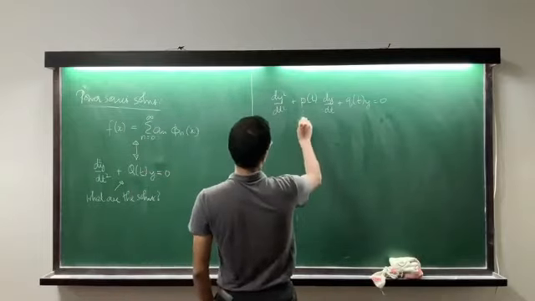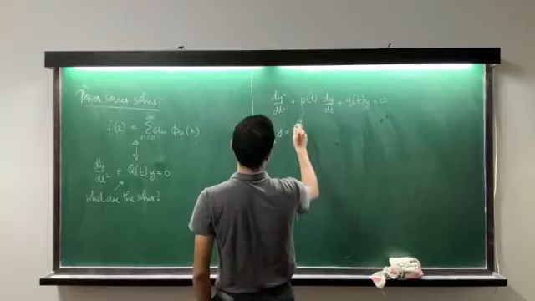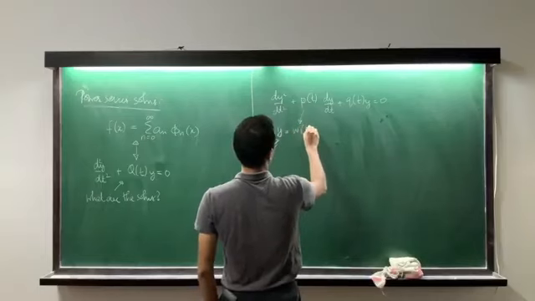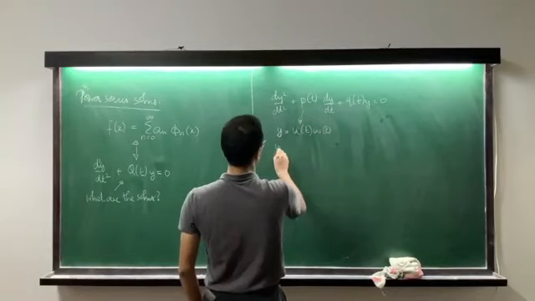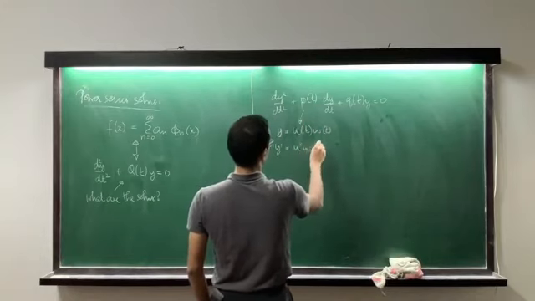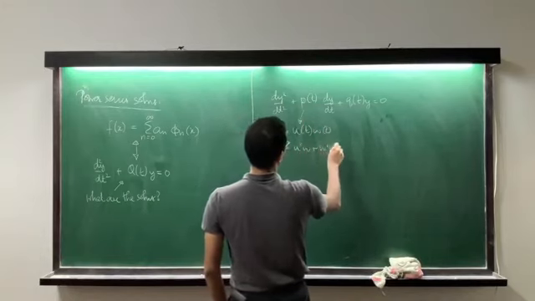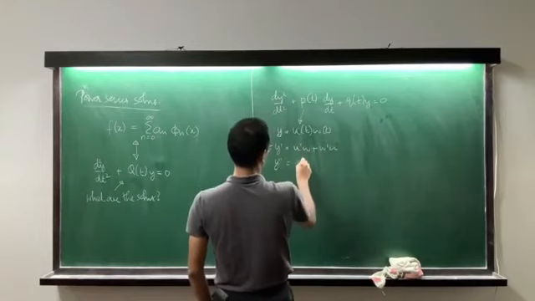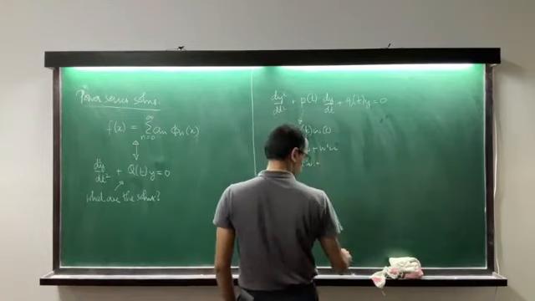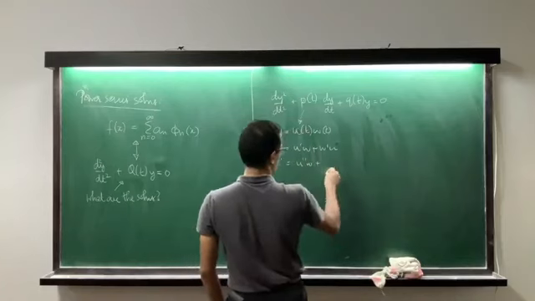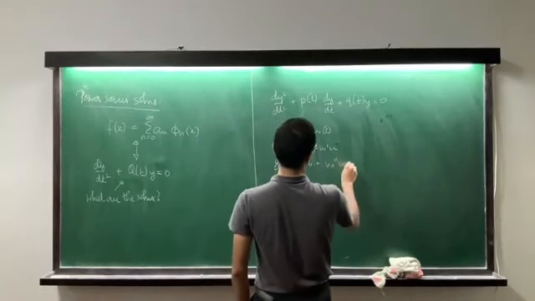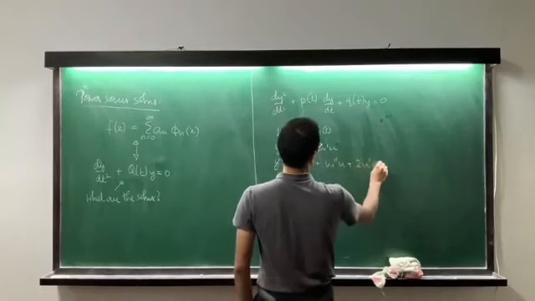If I define y is equal to u of t times w of t, then y prime is u prime w plus w prime u, and y double prime is u double prime w plus w double prime u plus 2u prime w prime.